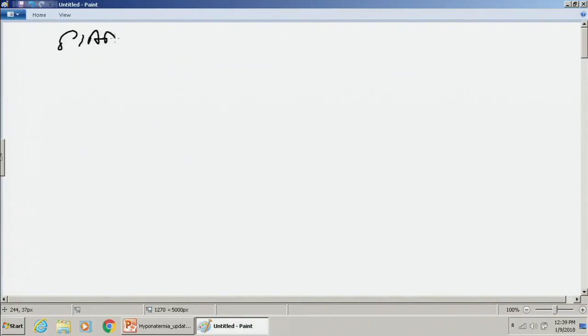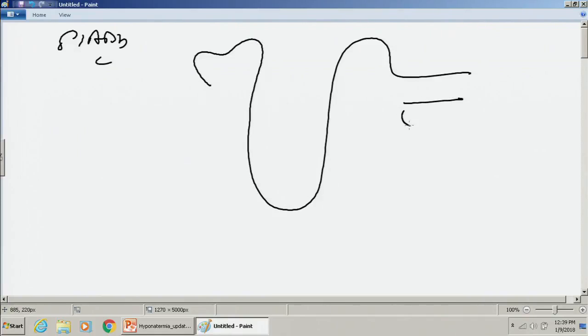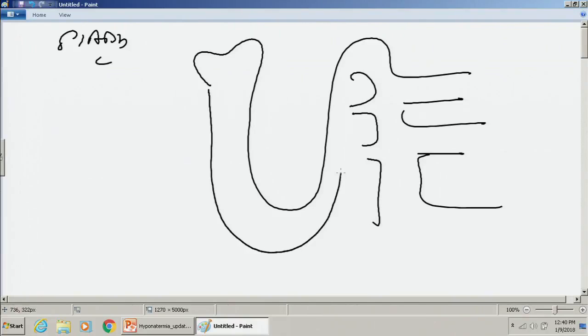So now we're going to talk about SIADH. So we're saying that this is our little nephron and this is our distal collecting tubule, right? And this is our medullary interstitium. And here is where this ADH is active and it has opened the doors forever.